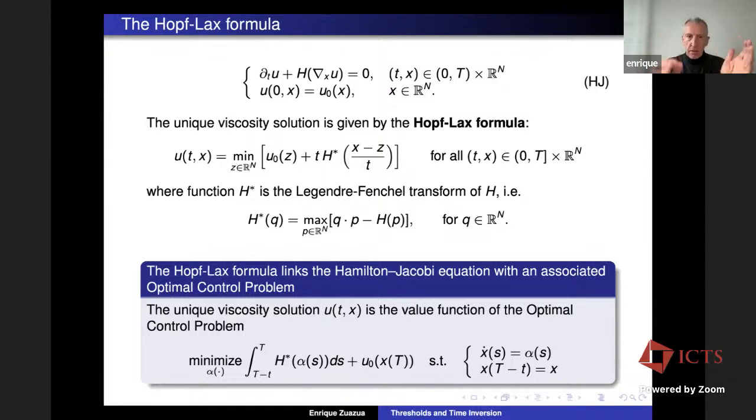So the first thing is to realize that when you look at the Hamilton-Jacobi equation as in the top, as I explained yesterday, in this equation there is no arrow of time. So this is just a first-order nonlinear PDE, right? And in principle, this is just a first-order relation, nonlinear in the gradient of u in x and in t.